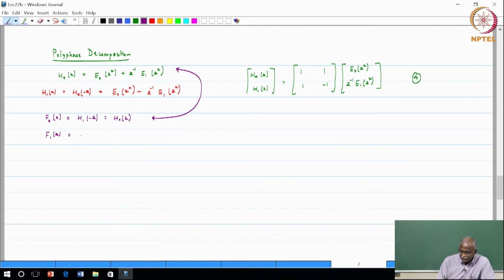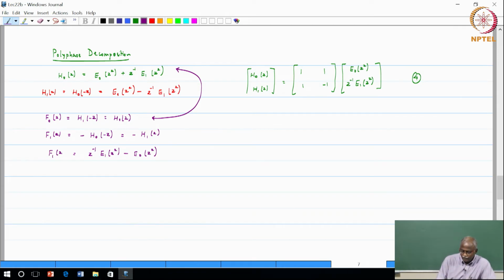F1 of Z is minus H naught of minus Z. This is the same as minus H1 of Z. H1 of Z we already have written down. So, this will be equal to Z inverse E1 of Z squared minus E naught of Z squared. Okay, that is F1.